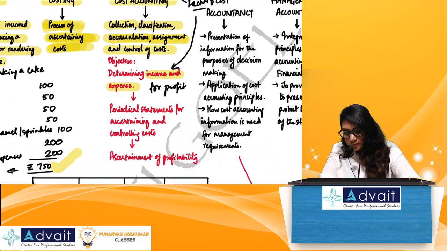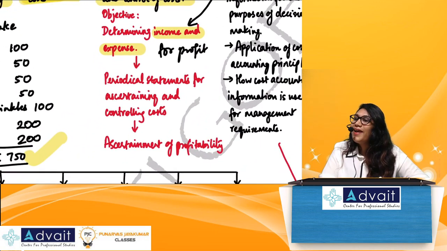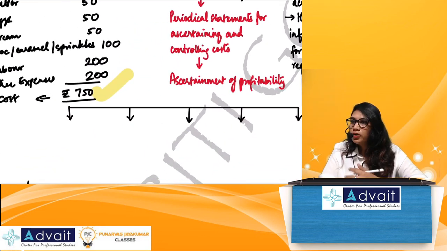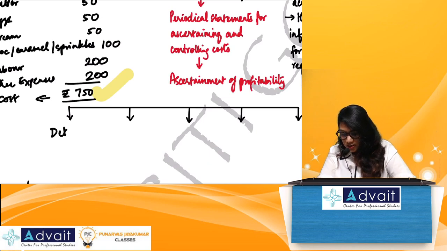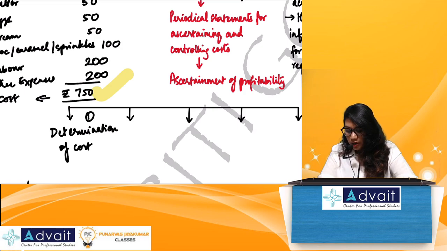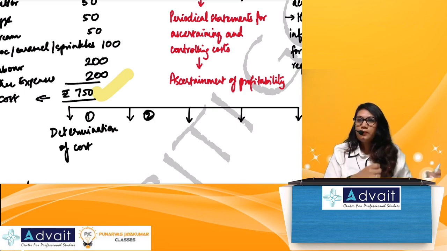So what are the objectives of cost accounting? What is cost accounting used for? Three we already know. First is determination of cost. This we already know, already discussed.